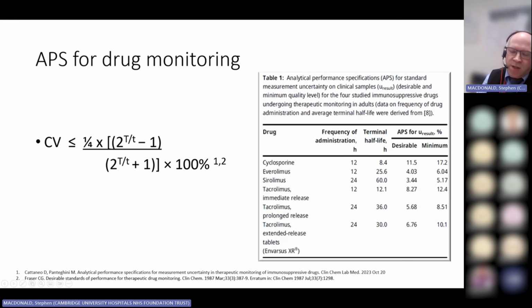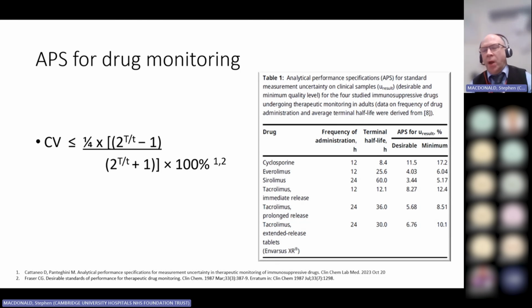So again, we can see that as time is moving on, we've got more and more information about how the models can be applied, how they can be linked to the clinical impact of the uses of the assays, and it eventually gives us a target that we can set to implement into our internal quality control and our EQA analysis to be able to strive to achieve ultimately desirable, but as a minimum, the minimum performance specifications.